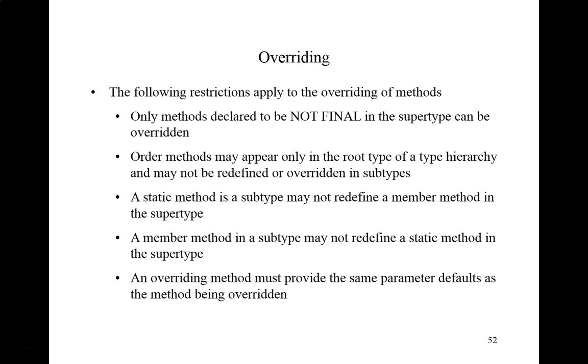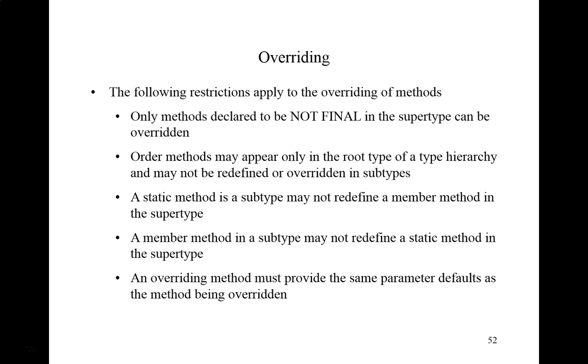The following restrictions apply to overriding of methods. Only methods declared to be not final in the supertype can be overridden. Order methods may appear only in the root type of a type hierarchy and may not be redefined or overridden in subtypes.